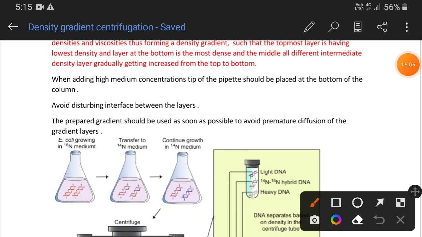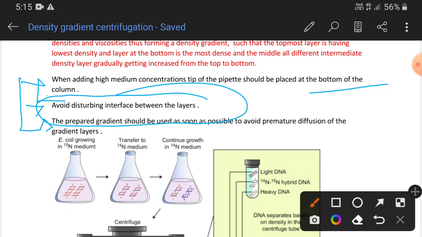Here I want to explain three important precautions that you need to keep in mind. When adding a high concentration medium, you have to put your pipette up to the bottom of the tube, or the bottom of the column, so that we can do our job without disturbing the interface between layers.